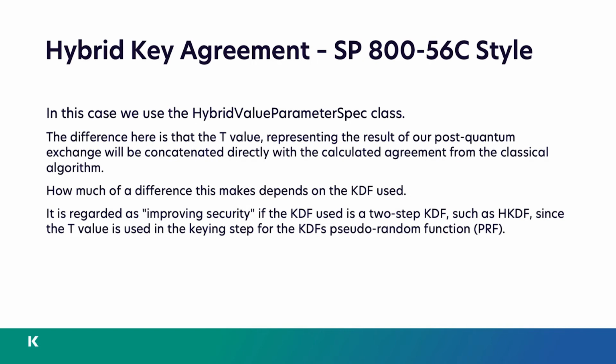How much of a difference this makes really depends on which KDF we use. For example, if we were to use a two-step KDF like HKDF, it would be considered improving security. This is because the T value is used in the keying step for the KDF's pseudorandom function.